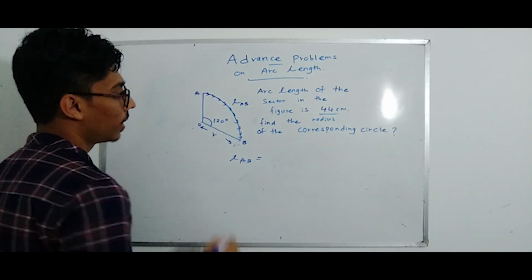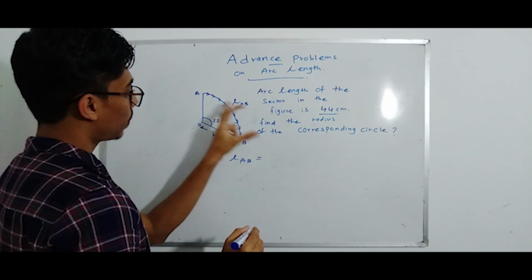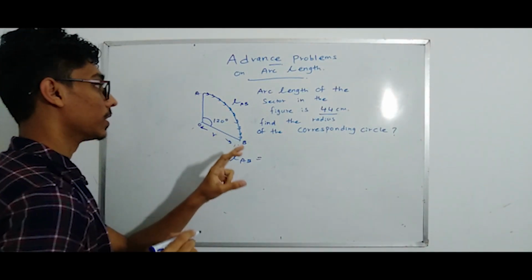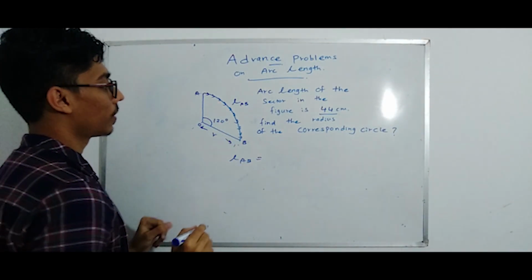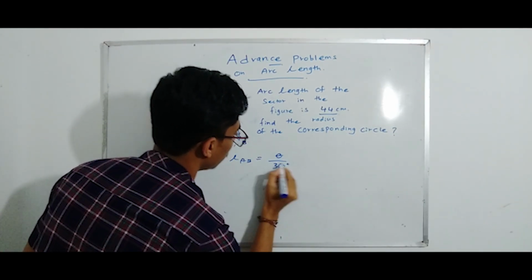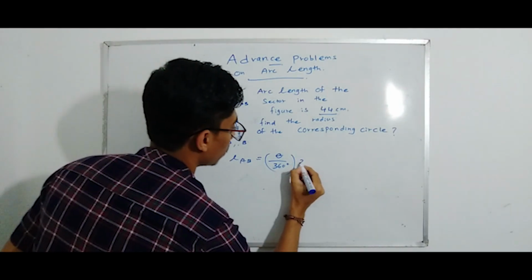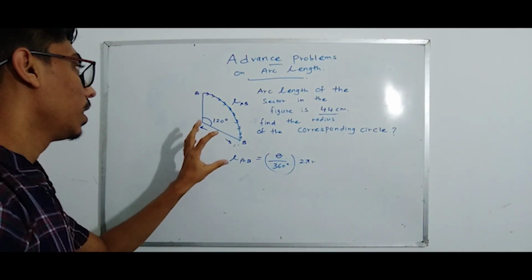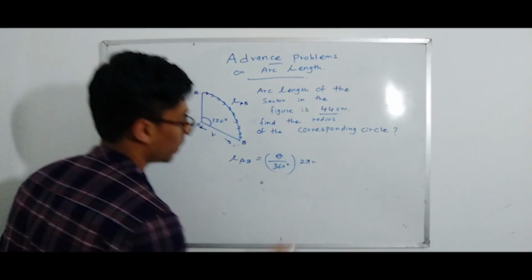So the distance from A to B is LAB. I use my equation. The question gives the information of the angle, so I use theta over 360 degrees. This is the equation I should use to find the arc length of the sector.